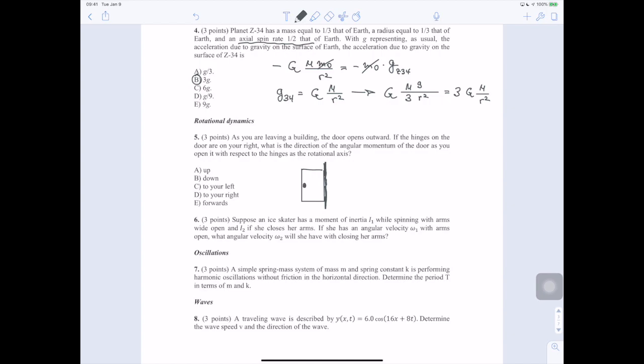Here's the doorknob, and that door would swing outward here. So now use your right hand. The thumb is pointing downward here. Your four fingers curl in the direction of the rotation. So your thumb is pointing downward here, so the angular momentum would point downward here.